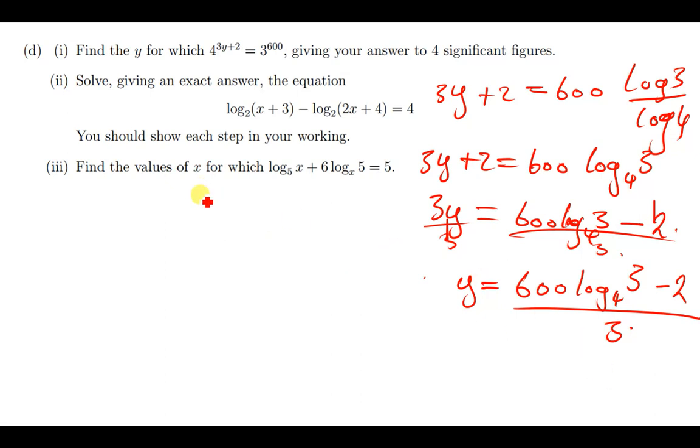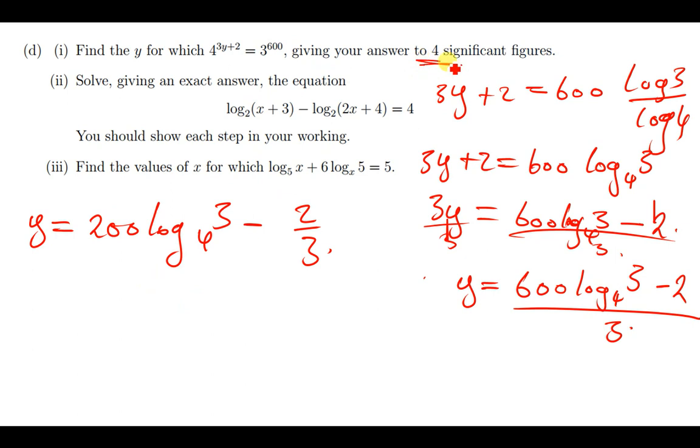So when you divide the 3 into 600, you're going to have y is equal to 200 log 3 base 4, then minus 2 over 3. So this is the simplified version of this logarithmic function. So you can just put this on the calculator and then find the answer correct to 4 significant figures.